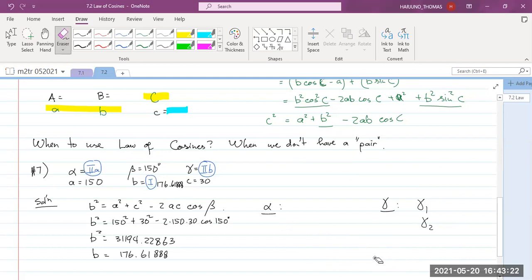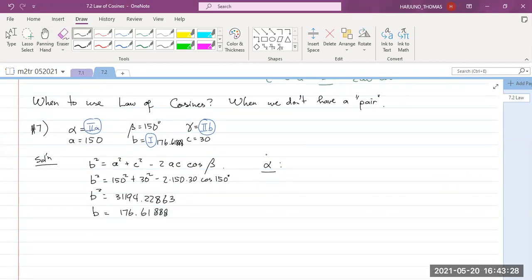So let's find out alpha, and then once I get alpha, you can find the gamma yourself, right? Okay, so sine alpha over 150 equals sine beta, 150 degrees, over 176.61888.